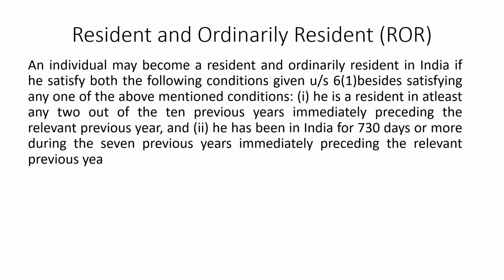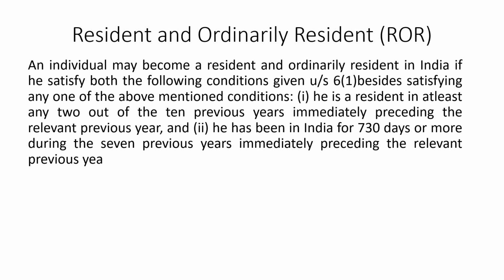Now we come to the point: after qualifying for the residential status, an individual or HUF would be either ROR or RNOR. ROR means resident and ordinary resident. So who will be ROR?